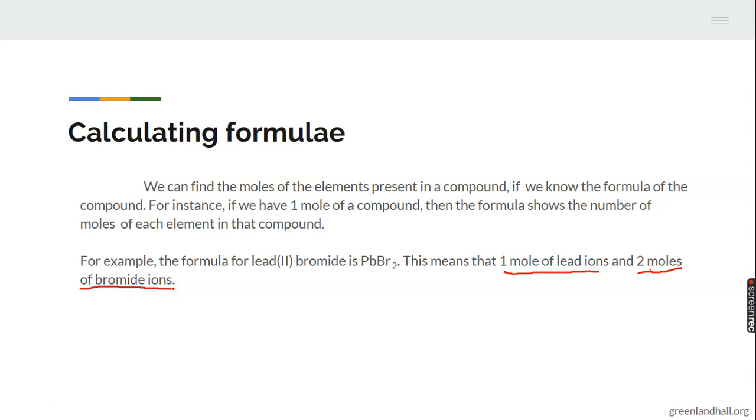There's nothing like 'aeon'. I severally hear some people say 'aeon'. I don't think that's the correct pronunciation. So here we have 1 mole of lead ion and 2 moles of bromide ion in this compound, lead 2 bromide.